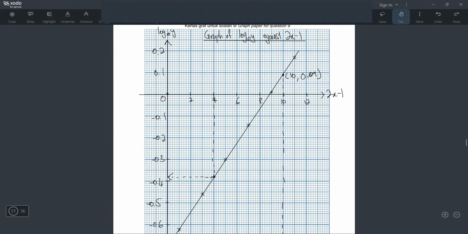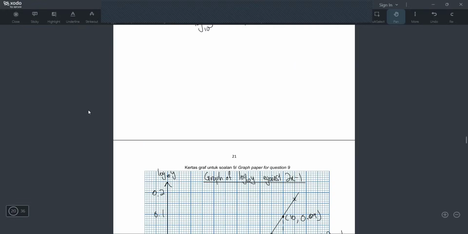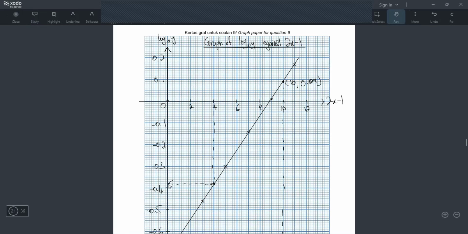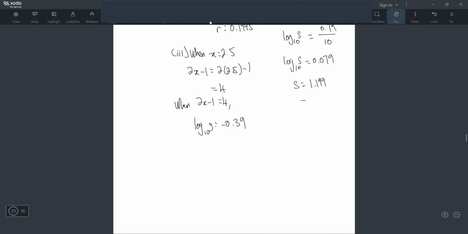If the point is here, then only it's negative 0.42. But it's not here, right? It's up here. That's why it's negative 0.38. 39 or 38? 38. Why did I write 39? Sorry. So make sure you follow your graph.